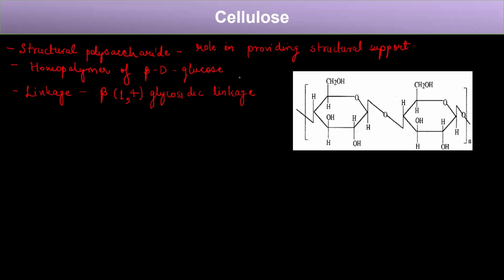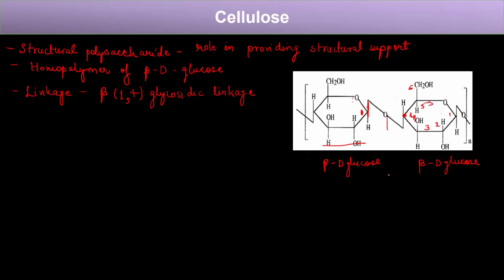If you look at the structure, this is your beta glucose, because the OH is upside. That's why it's a beta D glucose. This is also a beta D glucose, and they link where? This is position 1, and counting 1, 2, 3, 4, 5 and 6, the linkage is between position 1 and position 4.